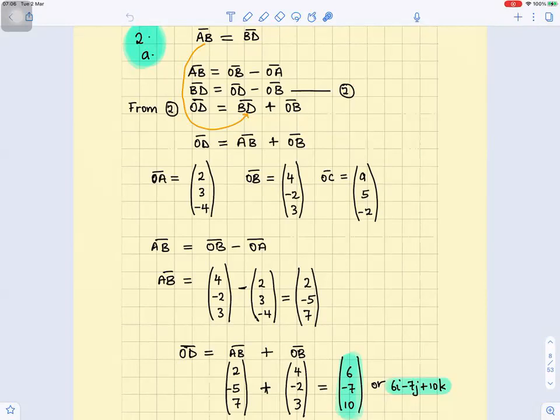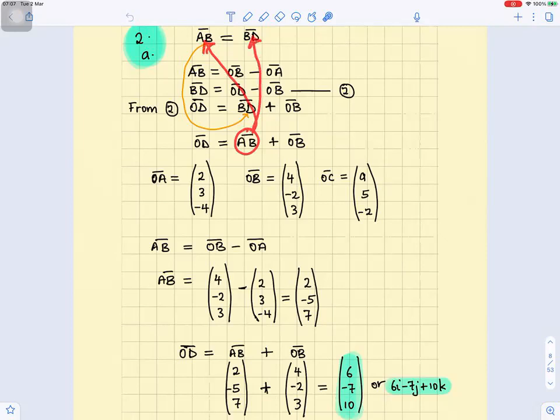Which is what you're going to use. So it's very important to follow this clearly. So now OD is AB plus OB because AB is the same as BD.